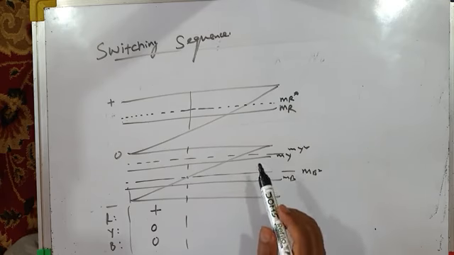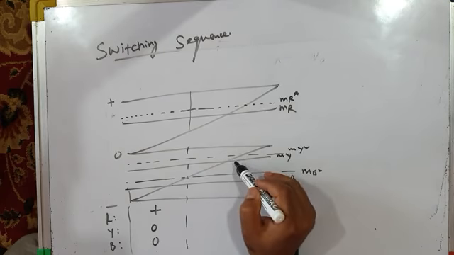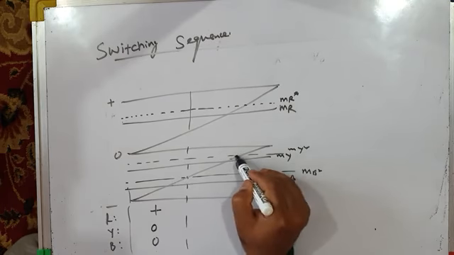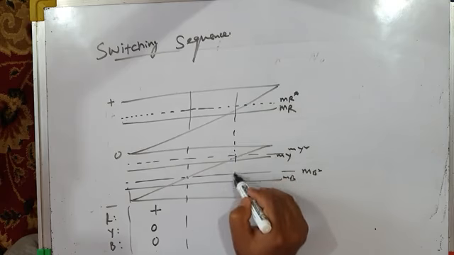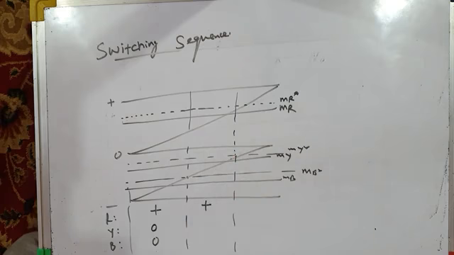Then after that, this is the second intersection. During this period, MR star is again greater, so plus.